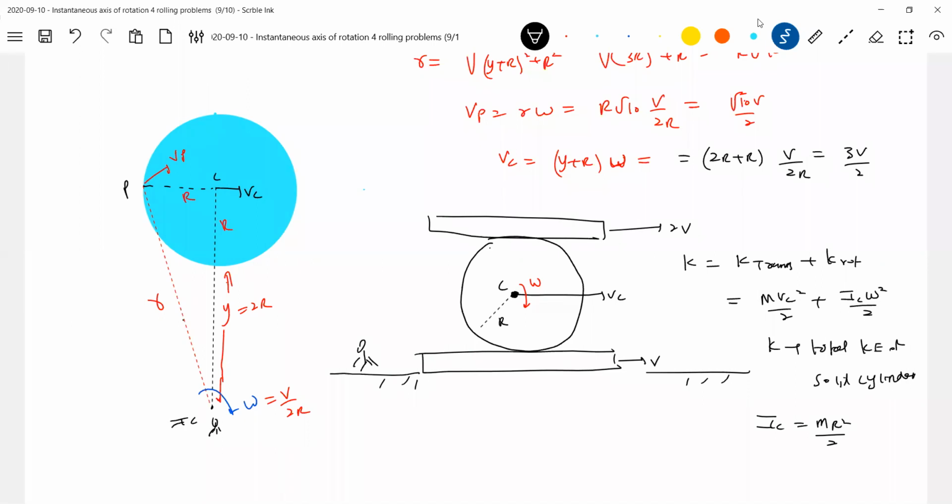I think about the symbols: this is the instantaneous center. Capital IC, small Ic. Ic is the moment of inertia about the center of mass of the cylinder. Center of mass C of the cylinder.